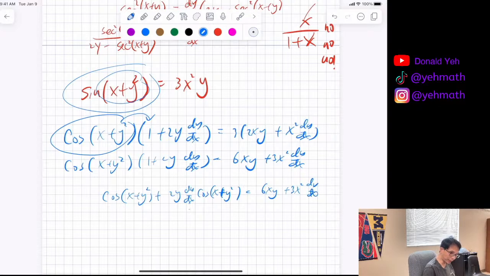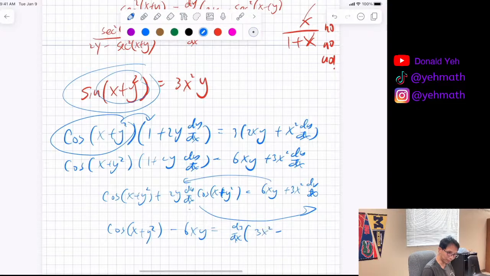All the dy/dx terms I'm going to move to the left side, and the other term too. So it'll be cosine of x plus y squared minus 6xy, and I'm going to factor out the dy/dx on the left side. So it'll be 3x squared minus 2y cosine of x plus y squared.